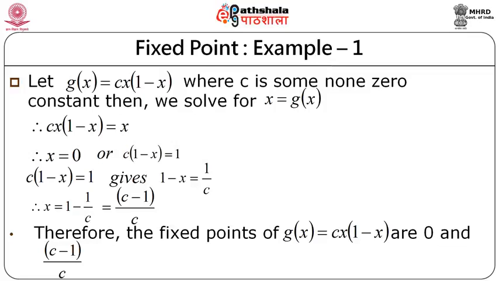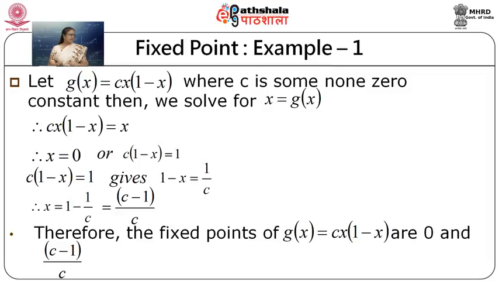Let us take another illustration where f(x) is equal to c x into (1 minus x), and we want to find the fixed point of this function. So, we equate c x into (1 minus x) equal to x. Either x is 0, or if x is not 0, x cancels and we get c into (1 minus x) equal to 1, which gives 1 minus x is 1 by c.